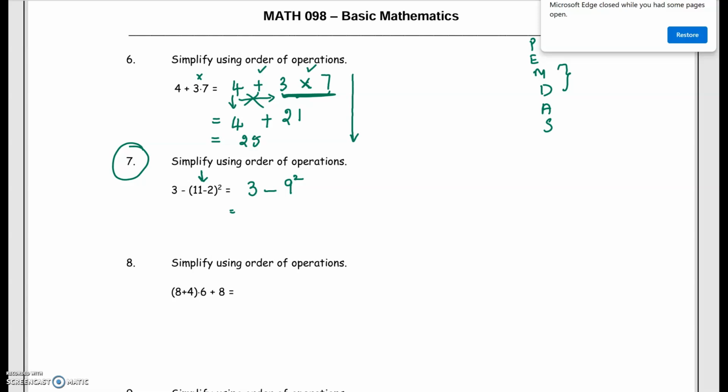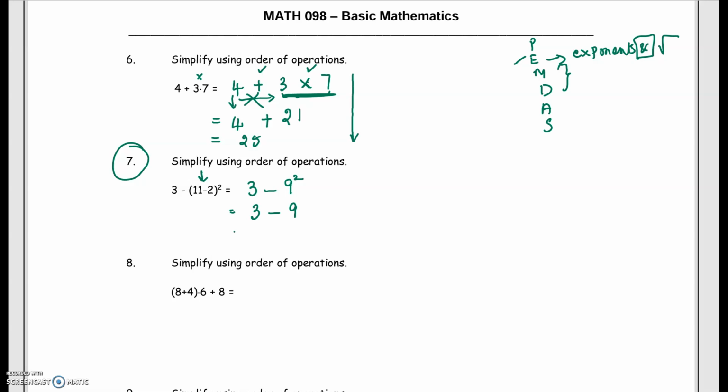Squared. So this is equal to 3 minus 9 squared. Remember, PEMDAS exponents and square roots.